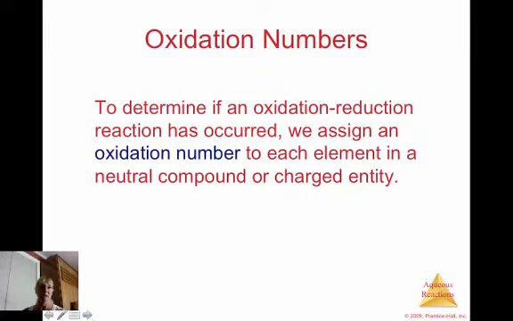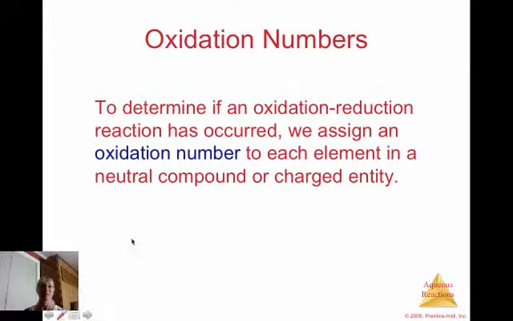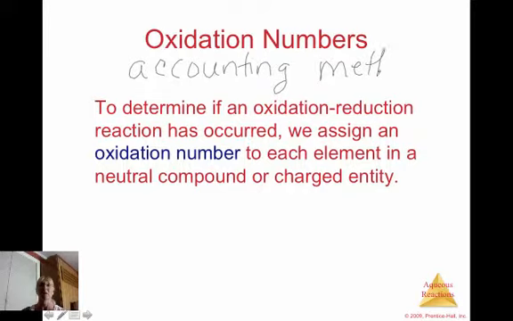So really, what oxidation numbers are is an accounting method to keep track of what is being oxidized and what is being reduced. So it's kind of an accounting method to keep track of who's gaining and who's losing the electrons. So it's kind of like charges in a way, but kind of not.